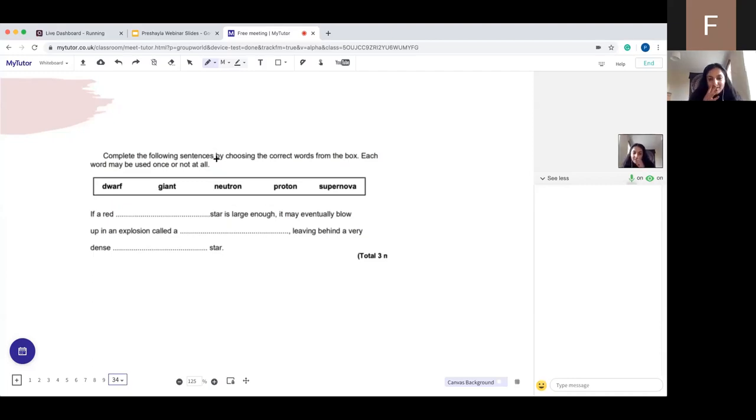Put your answers in the chat or in the Q&A. What would be the fill in the gap using those words that you've been given in the box? Ten more seconds to get your answers in.